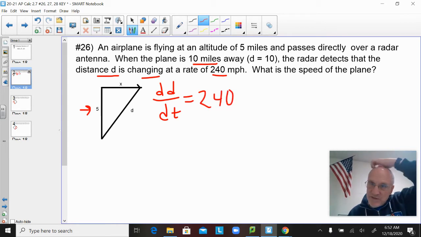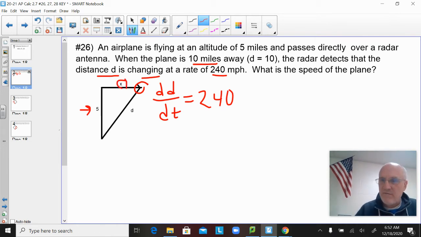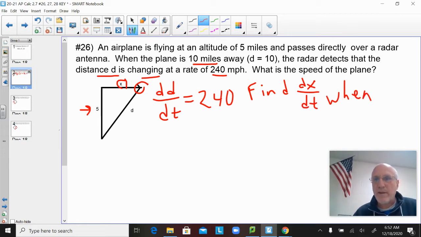And it's asking for the speed of the plane. The plane is flying away from the radar station, so I want to know the rate of change of that distance x. So it wants me to find dx/dt, and it wants me to find that when the plane is 10 miles away, so that's when D equals 10.